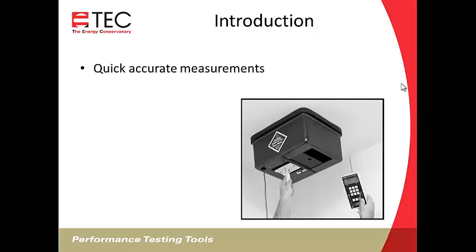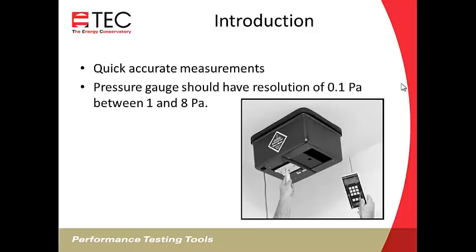So the nicest thing about the exhaust fan flow meter is you can get quick, accurate measurements. It's really easy to use and really quick and accurate. We recommend the pressure gauge you're using should have a resolution of 0.1 pascals. All the measurements you're taking will be with a pressure in the box between 1 and 8 pascals.